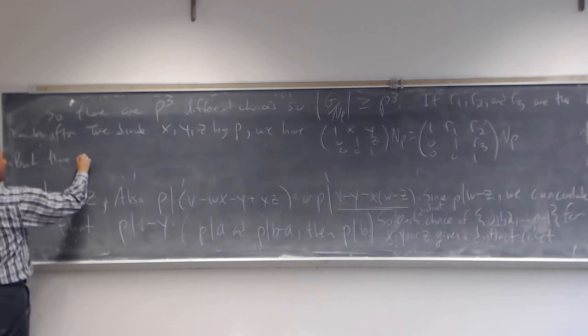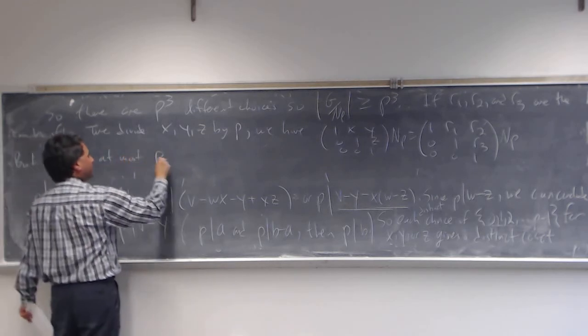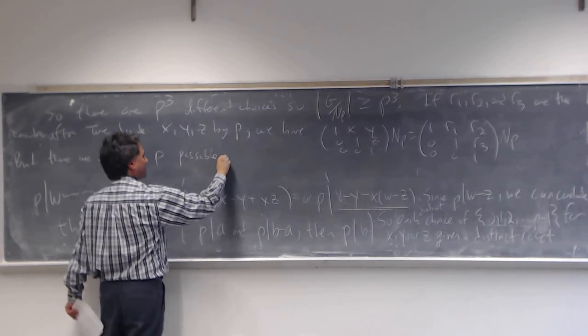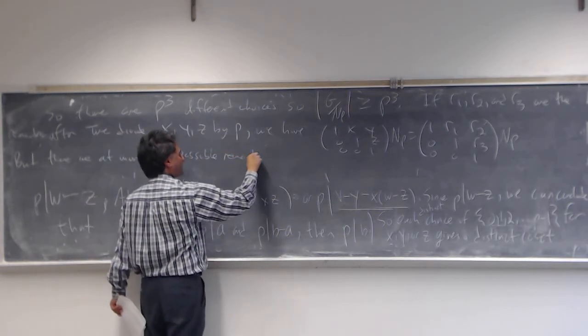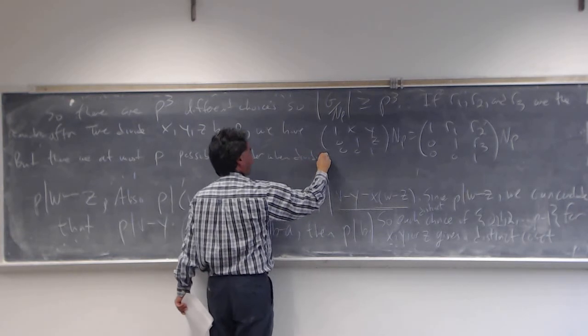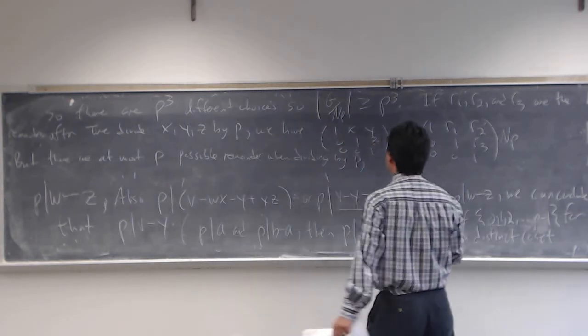But there are at most p possible remainders, namely 0 up to p minus 1.